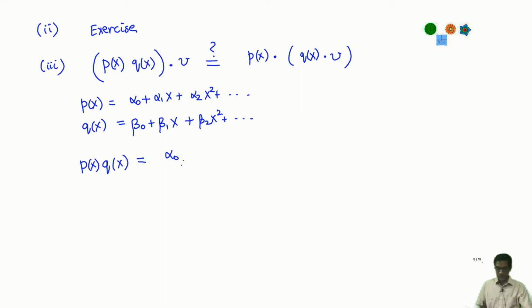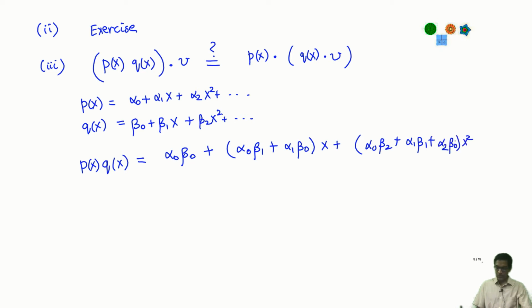So what's the constant term? It's alpha naught beta naught. The coefficient of x is alpha naught beta 1 plus alpha 1 beta naught, and so on. So you sort of know what to do. The coefficient of x squared is alpha 0 beta 2 plus alpha 1 beta 1 plus alpha 2 beta naught, and so on. So this is how we compute the product of p and q.